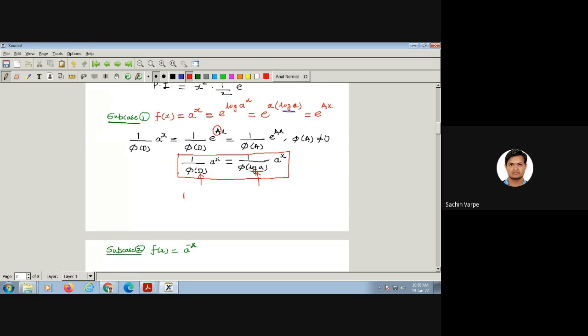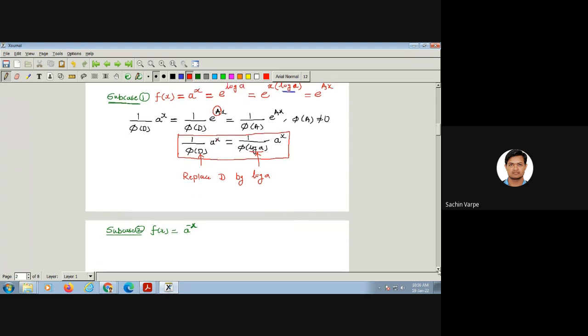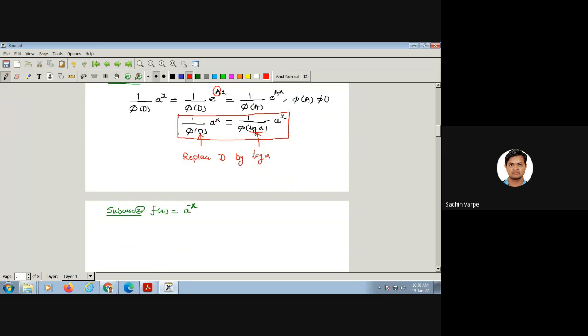So in the first sub case, we replace D by log a in a raised to x. In a similar manner, we can do the same thing for a raised to minus x. So here the simple keyword is we replace D by minus log a. If you do the same thing, we will get like this.